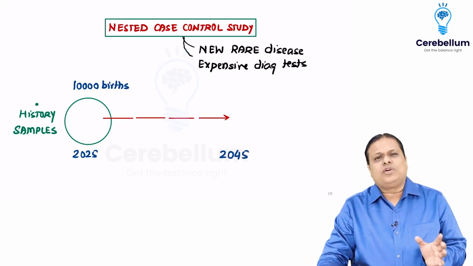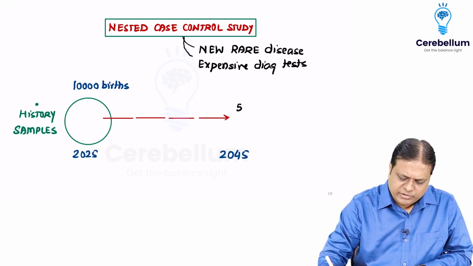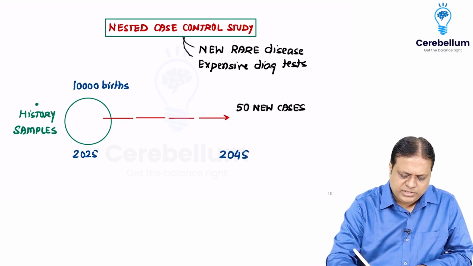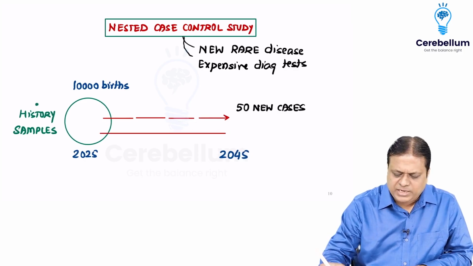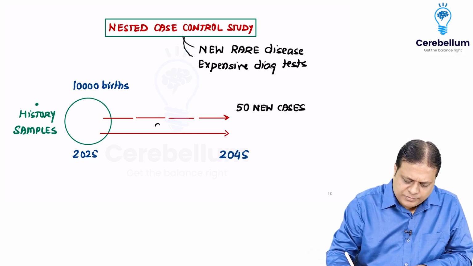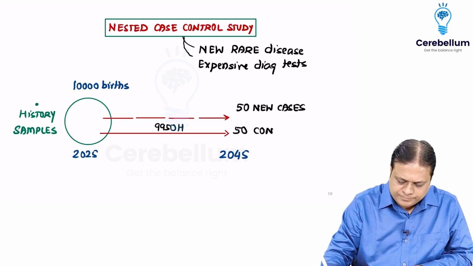in 2045, all of them become 20 years old. Suddenly there are 50 new cases of a rare disease. Now if you see carefully, how many healthy people do you have? You have a total of 9,950 healthy people. From them select 50 controls.